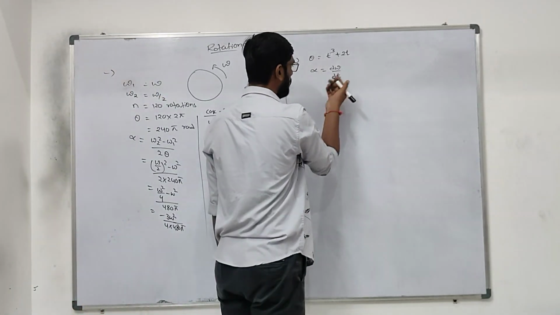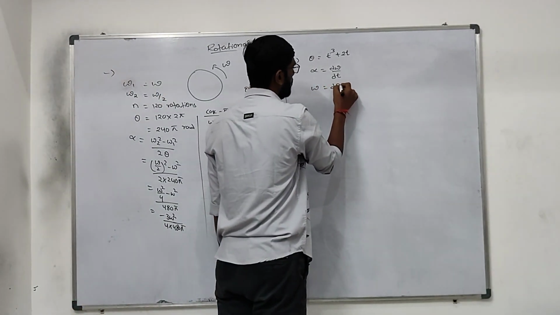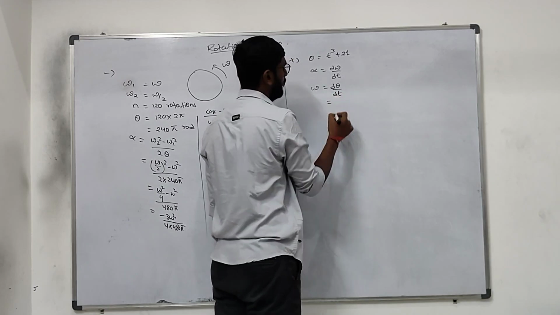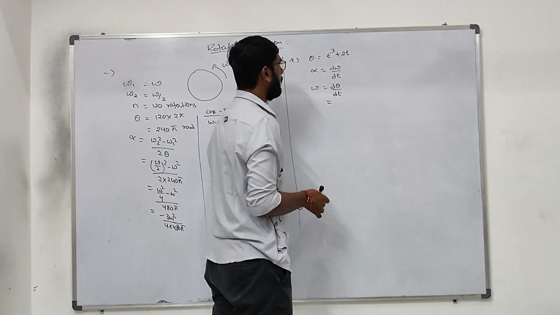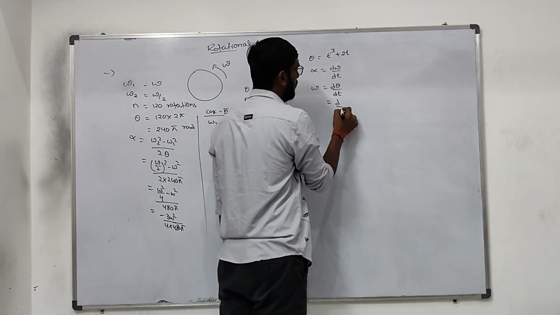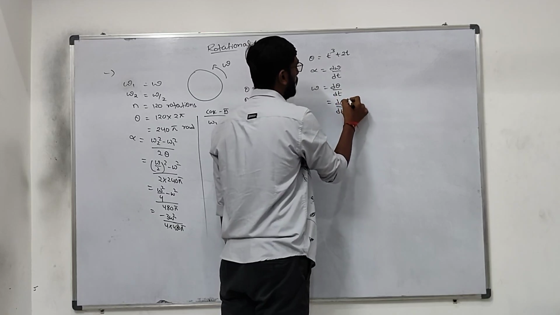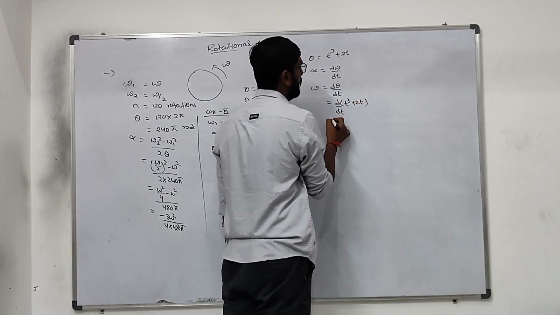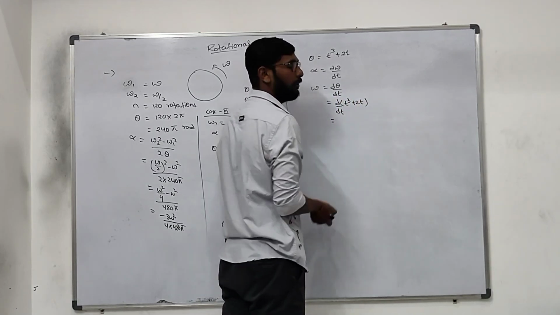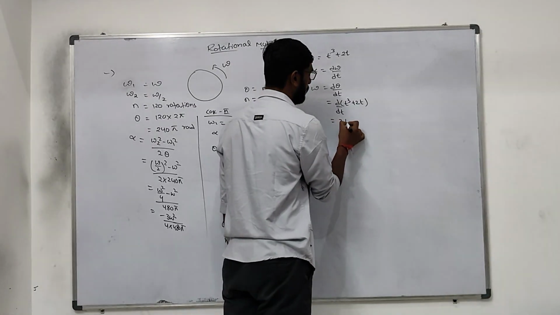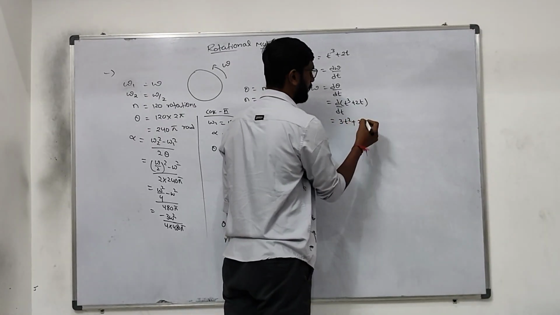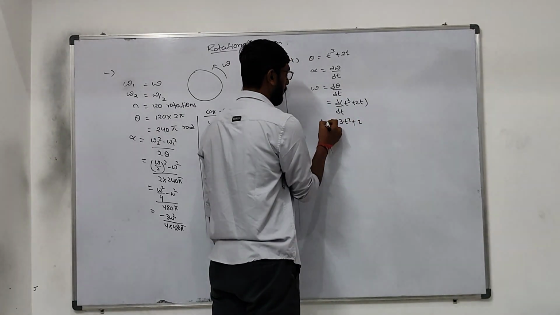But omega we don't know. Omega equals to d theta by dt. So d by dt of t cube plus 2t: t cube differentiation is 3 t square, and 2t differentiation is 2. So this is omega.